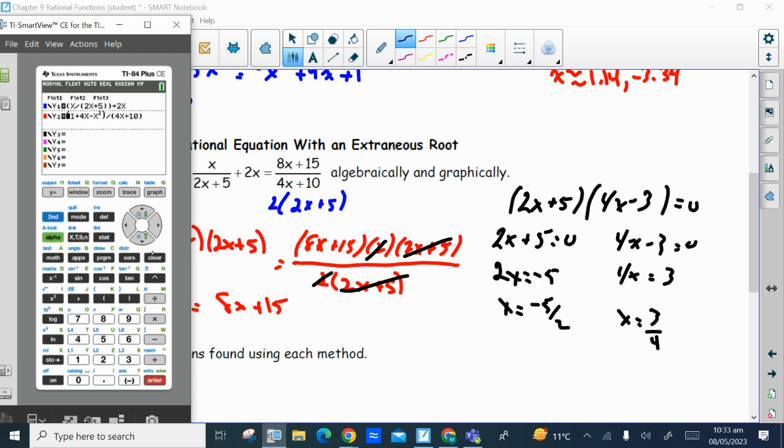So y1 is the left side, y2 would be the right side. And it doesn't matter whether you use the factored form or the original expanded form, doesn't matter for the denominator. Both equations are in there, and we want to find the point of intersection.